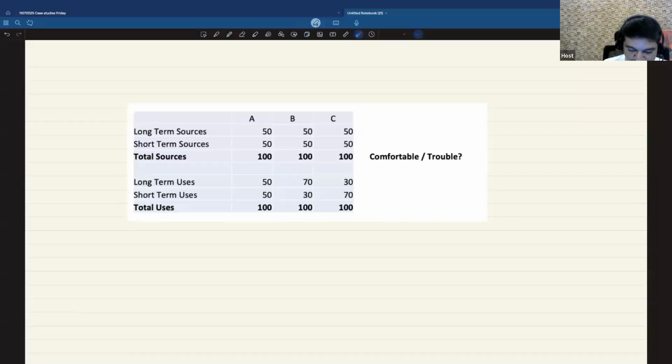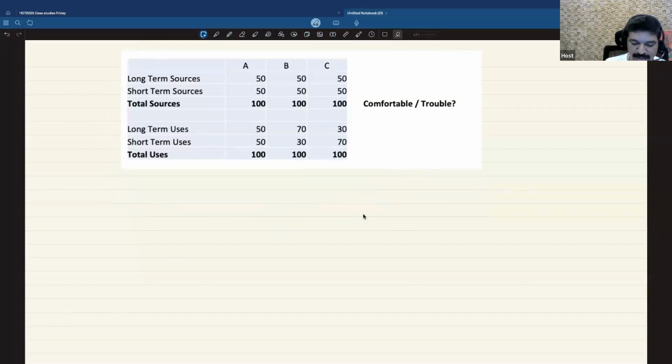Look at this. There are three companies, A, B, C. This is basically the abridged format of the balance sheet, not the fund flow statement. There are three companies, A, B, C. They have long-term sources, short-term sources, long-term uses, short-term uses.